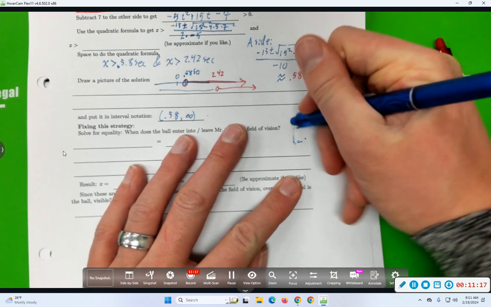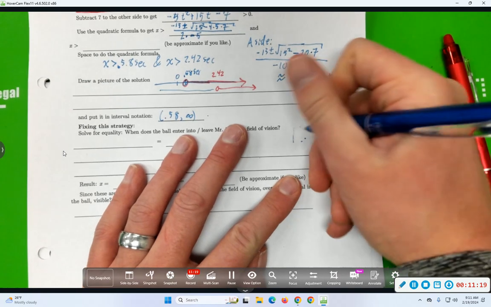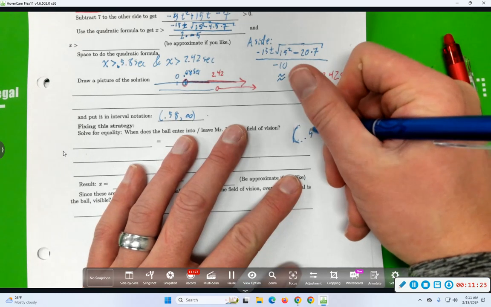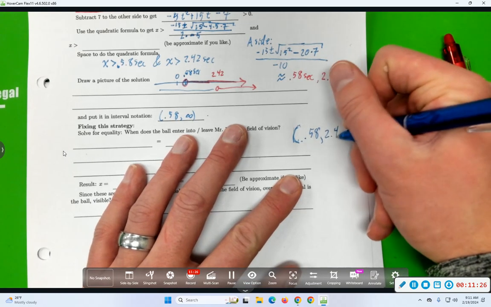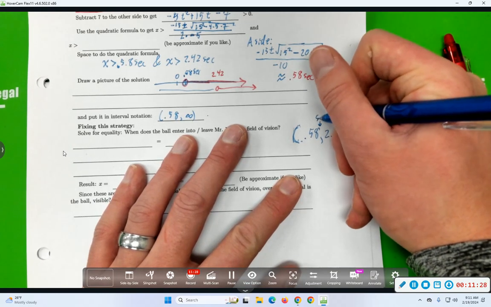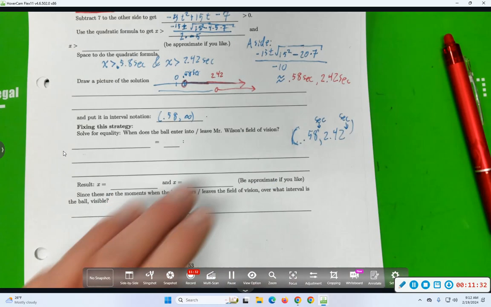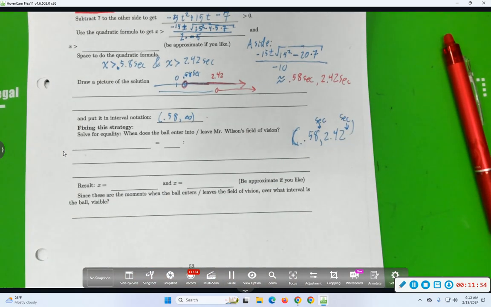But with anything that seems like an actual application, it's hard to say whether you want strict inequality or not. I think that seems like a significantly more reasonable conclusion anyway: the first time it's at height 7 meters, it enters its field division. The next time it leaves.